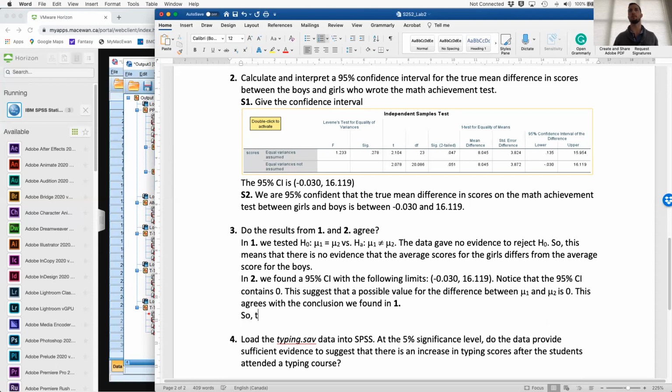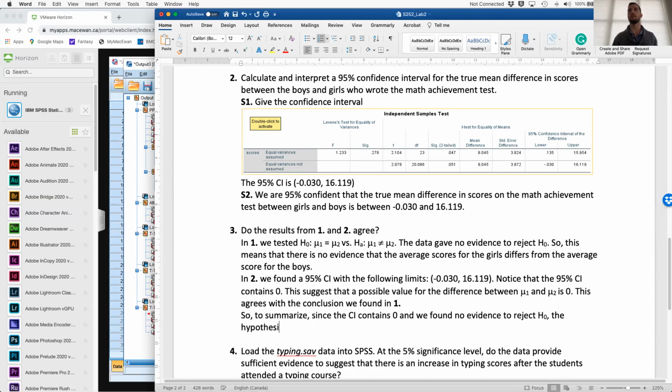Okay, so in general, or to summarize, since the CI contains 0 and we found no evidence to reject H0, the hypothesis test and confidence interval give the same conclusion, that is, they agree.